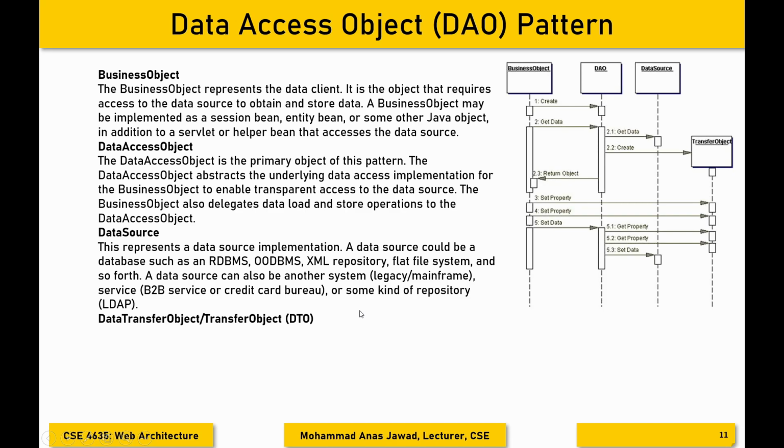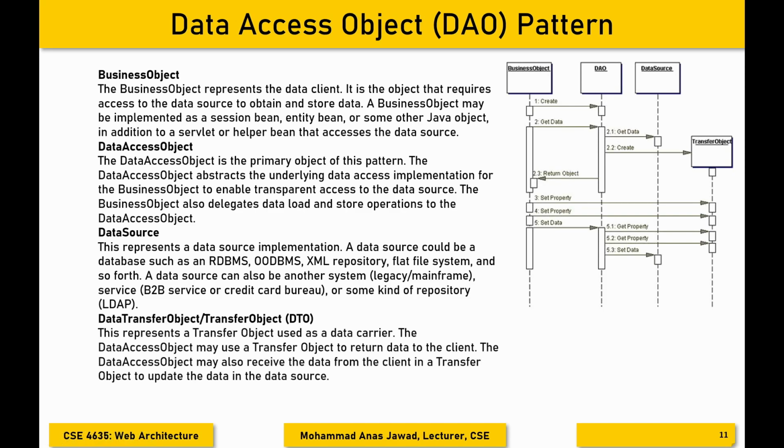And finally, we have the data transfer object, or DTO. So DTO is something you will see used in conjunction with DAO, because DTO basically acts as a data carrier. Now consider this scenario. Suppose you have an employee database or employee table in your actual data source, okay? And as a client, you want to access the employee records of an employee with ID 1.